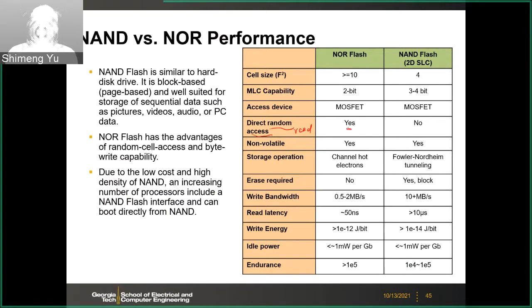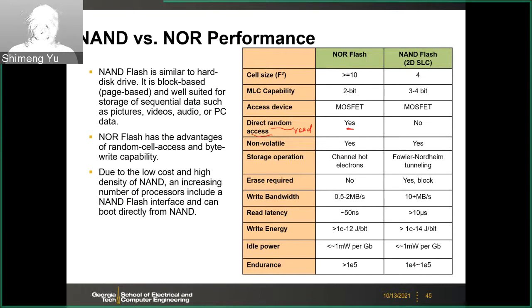For the NOR flash, as we discussed before, all the floating gate transistors are connected in parallel. So they are like a DRAM, and you can address an individual cell in the NOR flash array. But for the NAND flash, if you recall, the floating gate transistors are in series. So you cannot address an individual floating gate transistor without involving other transistors.